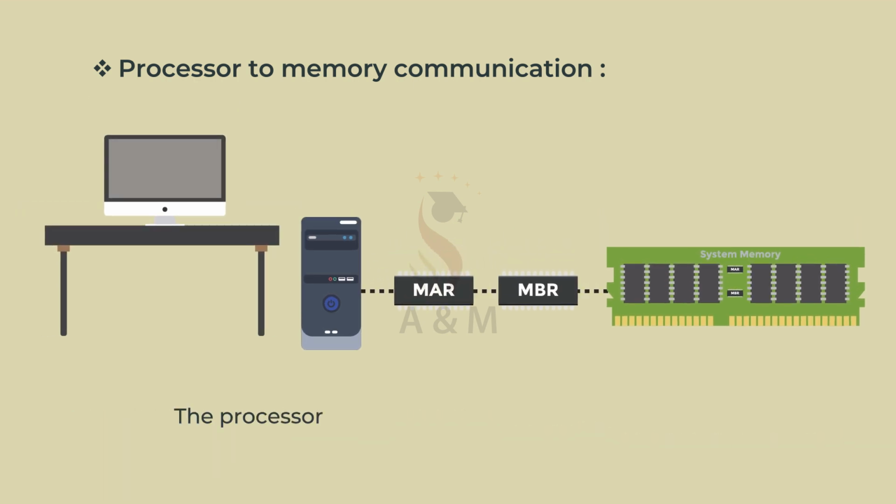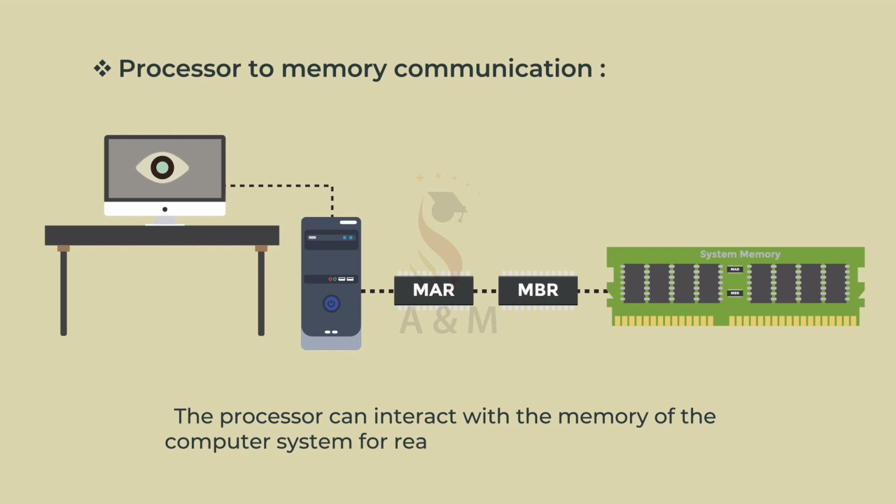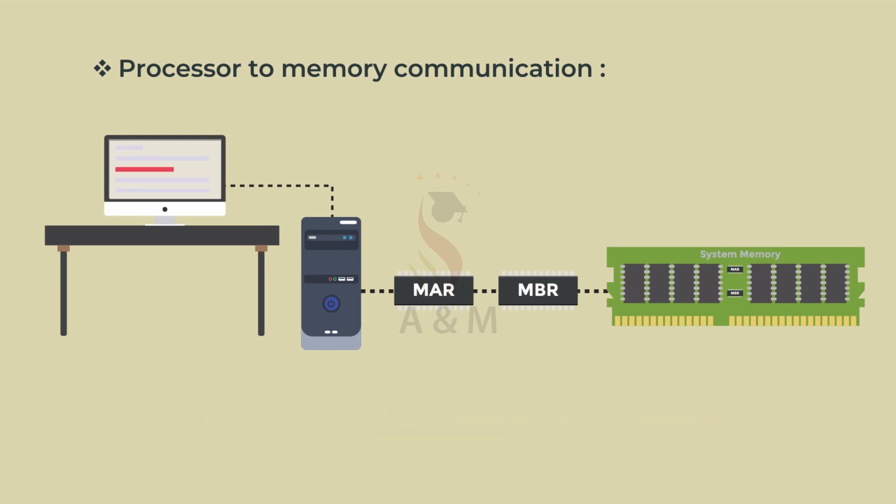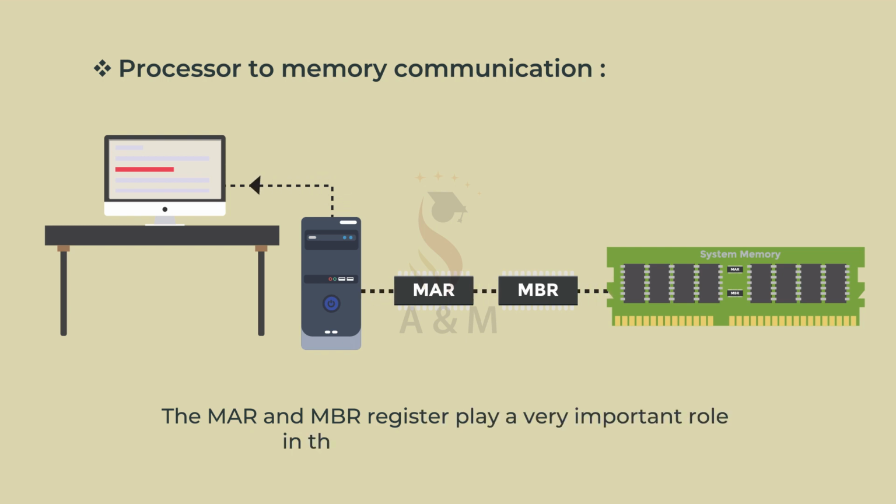The processor can interact with the memory for reading data from the memory as well as for writing data onto the memory. The MAR and MBR registers play a very important role in this type of communication.